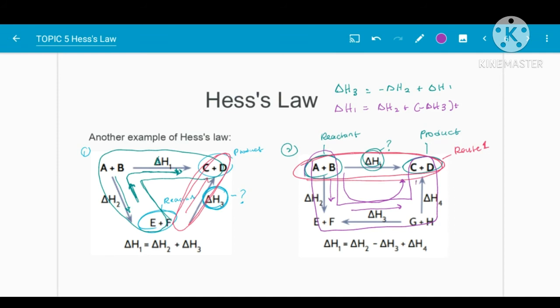Finally, delta H1 equals delta H2 minus delta H3 plus delta H4. This is the equation.